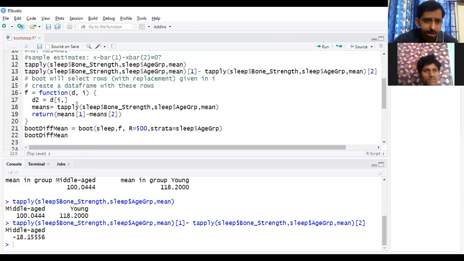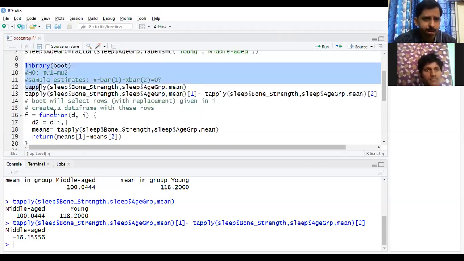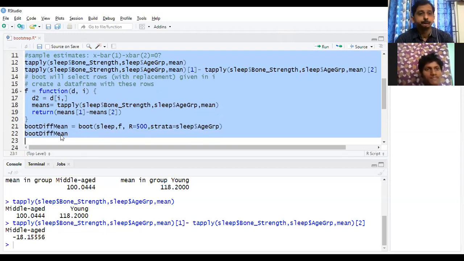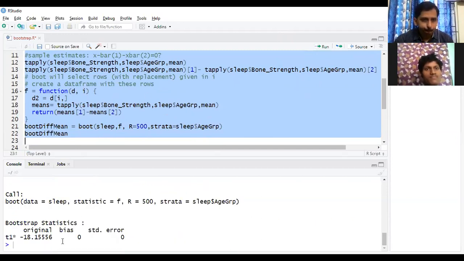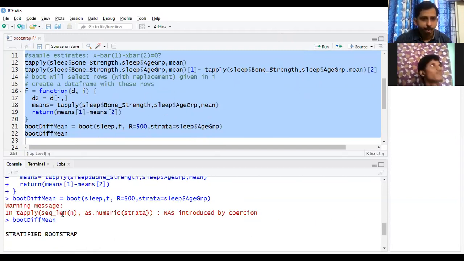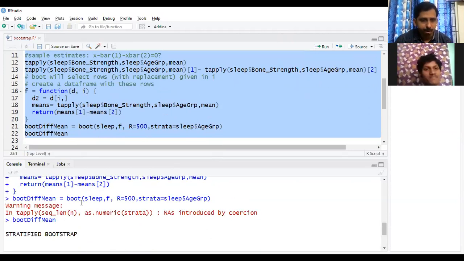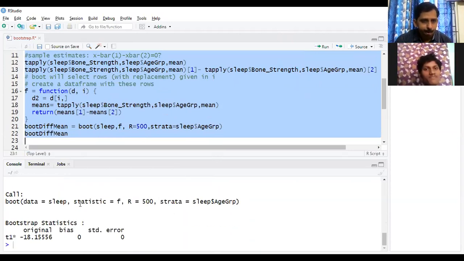Let us do this first, and then we'll go for another method of understanding. Here, don't worry about this; this is stratified bootstrap. This is the call, and this is the original, and bias is equal to 0 and standard error is almost 0.